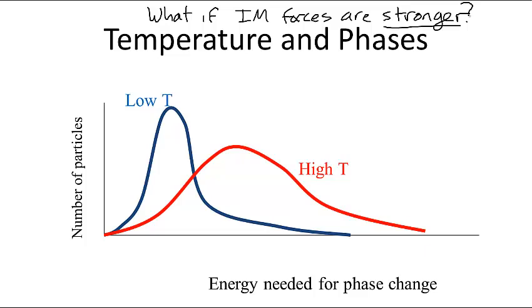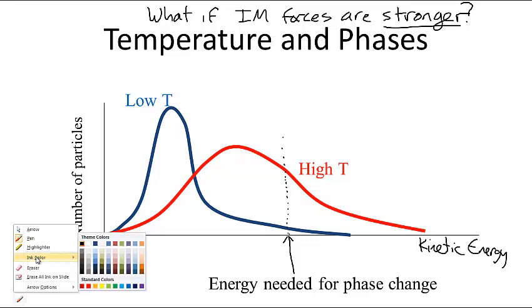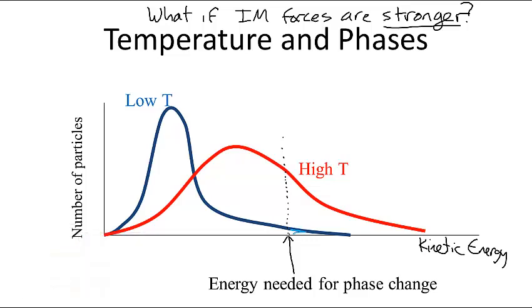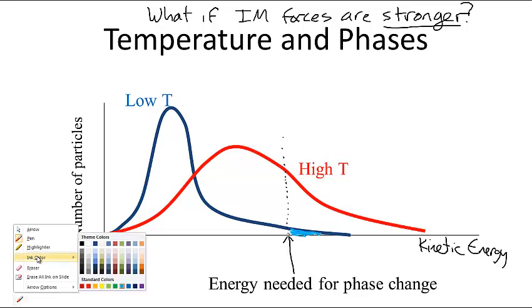So now, on this slide, let's say the energy needed for phase change is right here. And remember, on this x-axis is kinetic energy. So now I'd have my dotted line there, and we see with stronger intermolecular forces, I'm going to be shading a smaller number of molecules that are able to make the phase change.